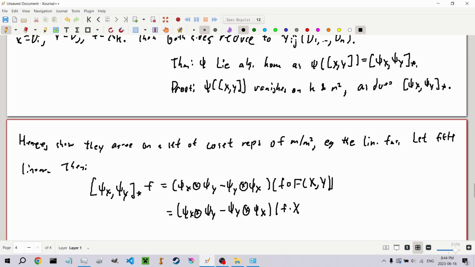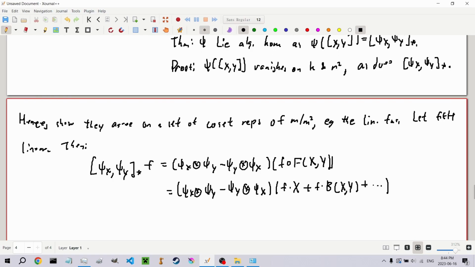As f on x, f times x plus f on b of x and y, plus some higher order stuff, who cares, which is f of b of x and y minus b of y and x.